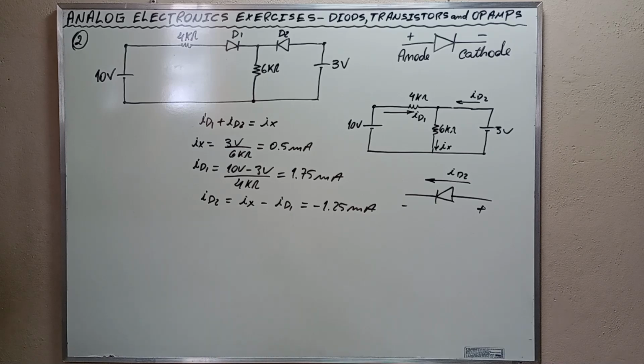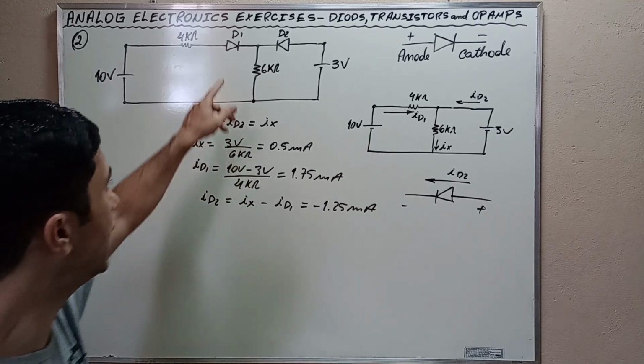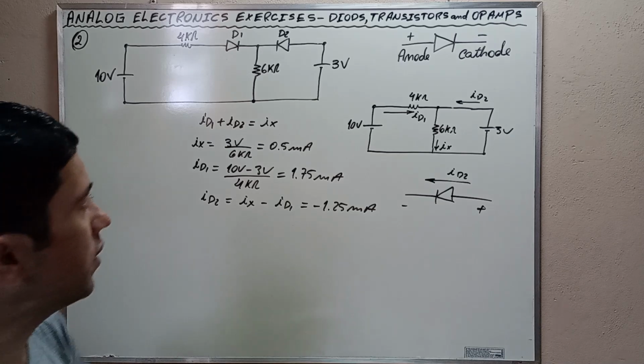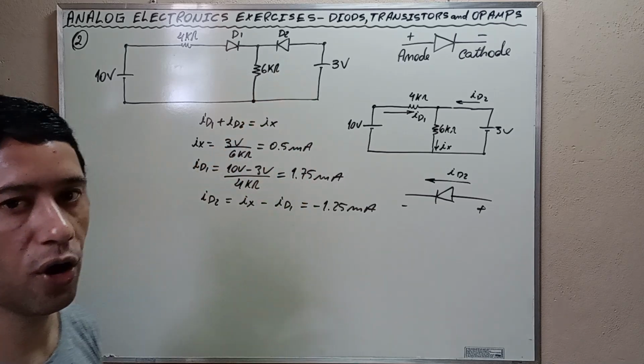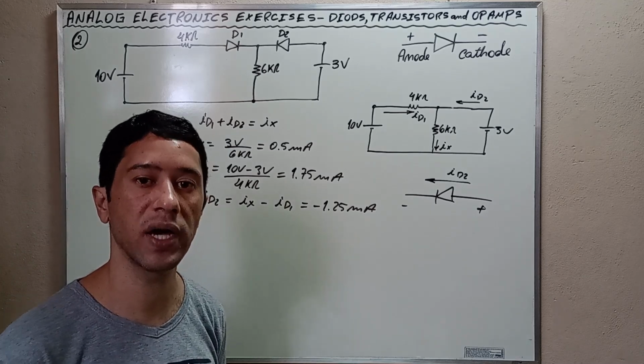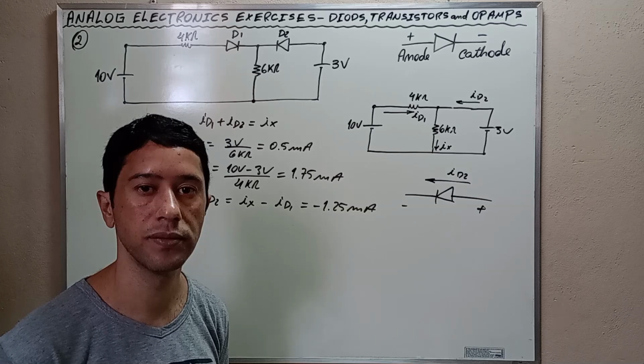Okay, so D2 is off, contrary to the assumption proposed by the exercise. The exercise proposed the assumption that both diodes are on, but we discovered that in reality D2 is off. Alright, my friends, this is all for exercise 3. Let's go to exercise number 4.